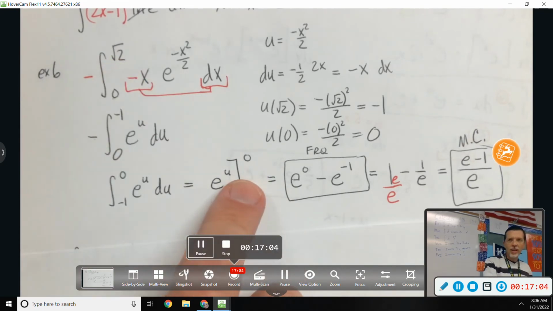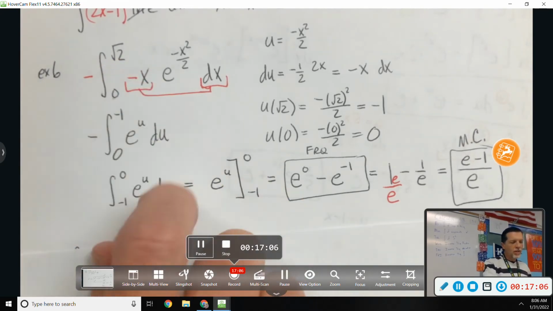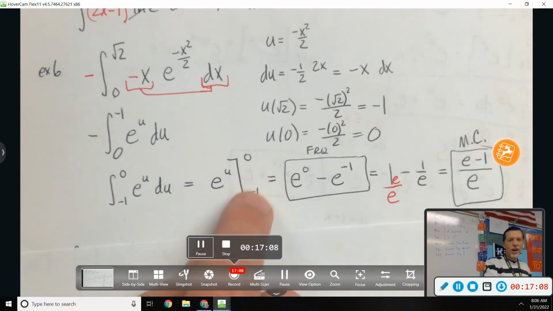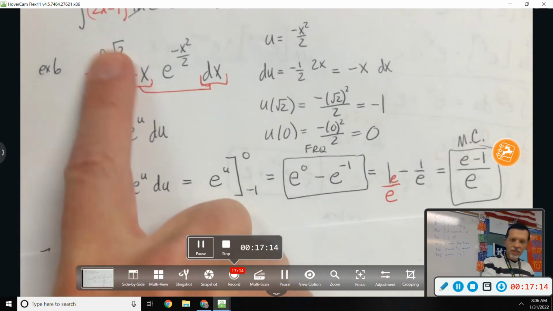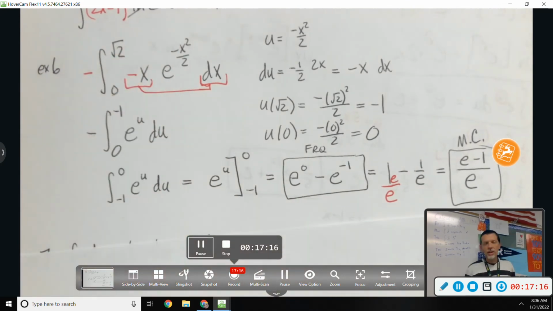So again, be careful with u's and x's. If you switch it to u's, great, but switch everybody to u's. If you want to switch it back to x's and use the original limits, because those are x limits, that's fine too, but go all in with the u's or all in with the x's. There were quite a few people who got jumbled up on that.